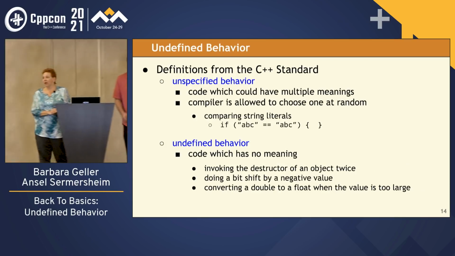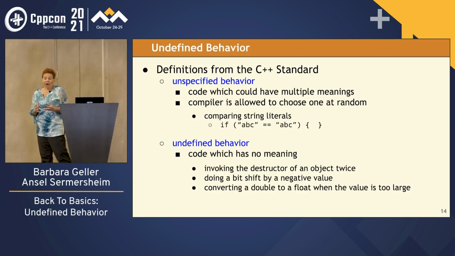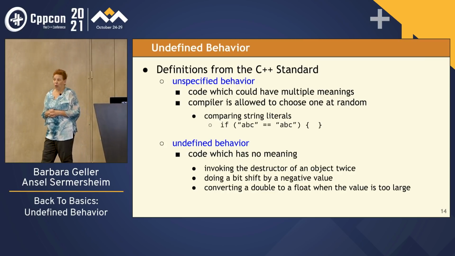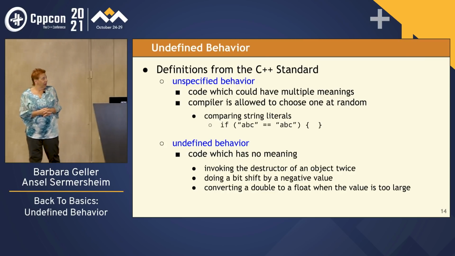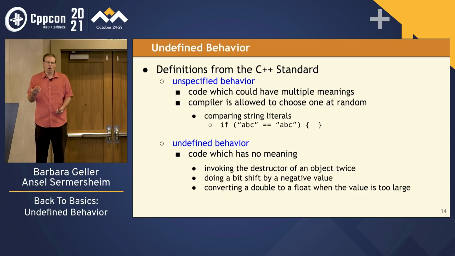Then we have unspecified behavior. And this is code which could have multiple meanings. And the compiler is allowed to choose one at random. So here we're comparing string literals, and although it's not always obvious that string literals are in fact arrays, what this is actually doing is comparing the address of two arrays that were created by the compiler.